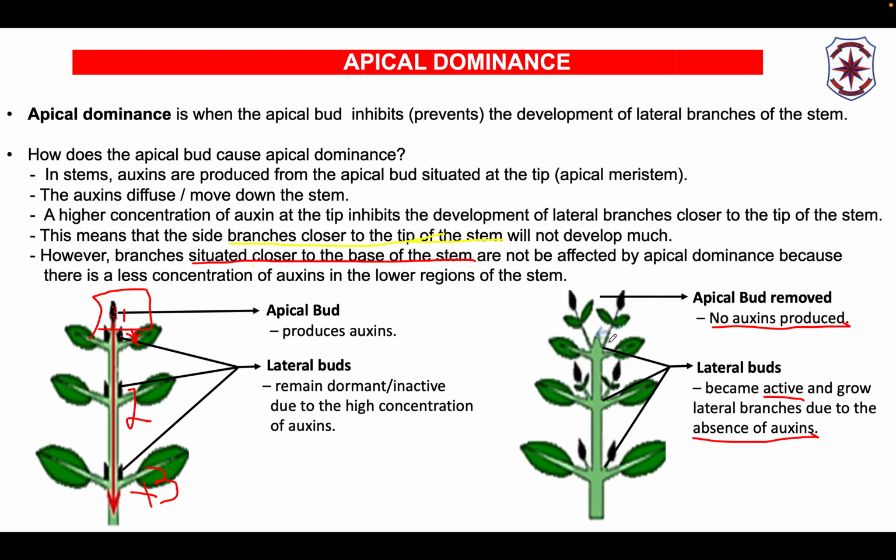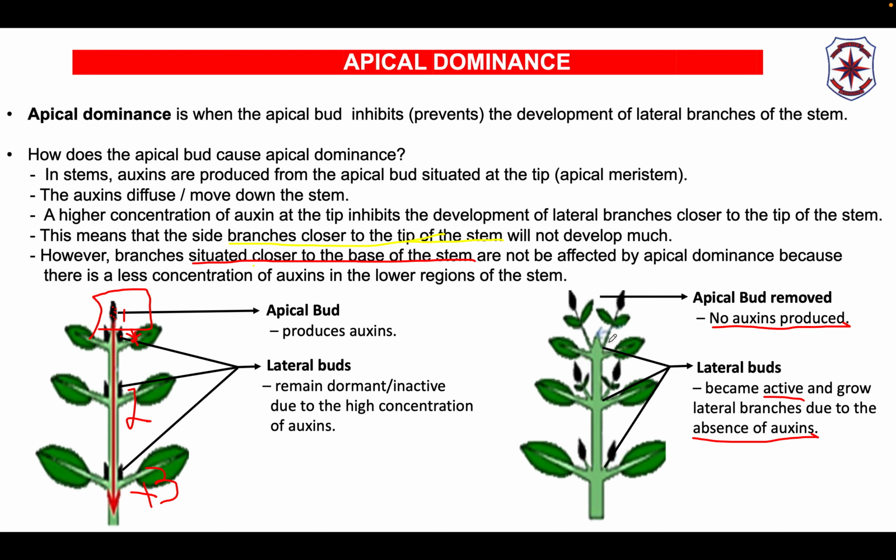What was keeping the lateral buds dormant or inactive? It was the high concentration of auxins. So if we want to make the lateral buds active to produce lateral branches, then it means we must cut the source of the apical dominance, the source of the auxins, which is the apical bud.